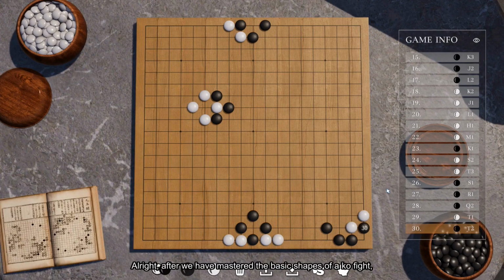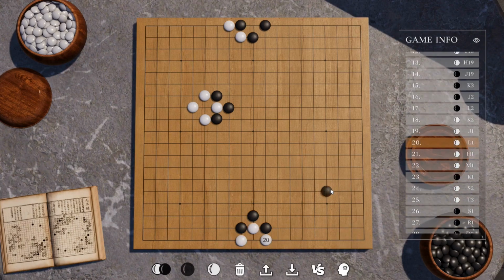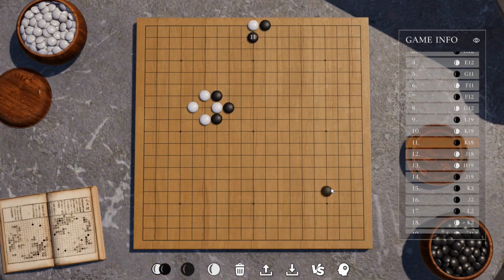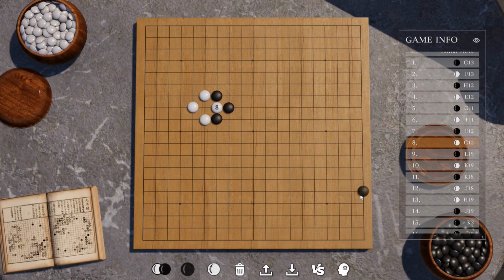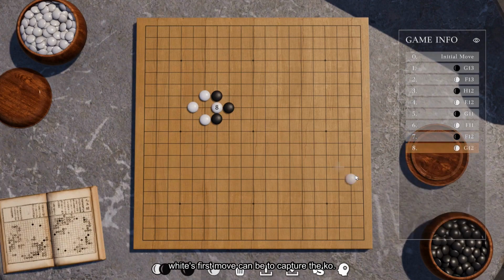Alright, after we have mastered the basic shapes of a KO fight, let's take another look at the rules of KO. We see that when a KO shape appears, White's first move can be to capture the KO.